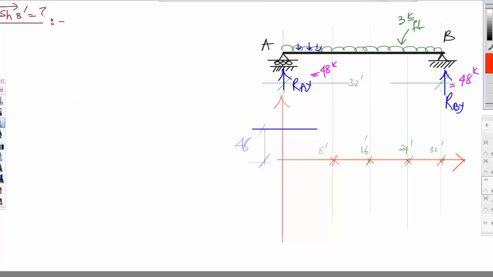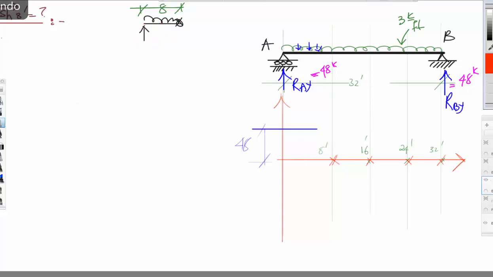Again, if we do the sketch for that part, this part is reaction, and this distance is 8. This part is going up and this part is going down.